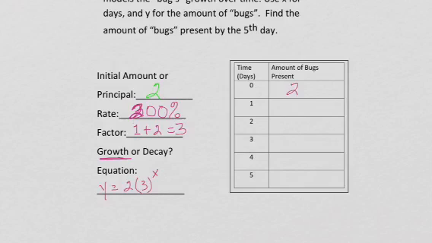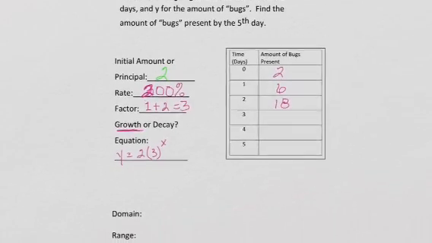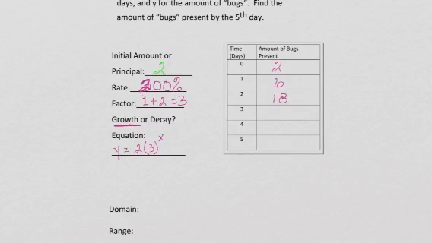The first day that it had a chance to triple, that made it 6. The second day, it went to 18. The third day, then, it went to 54.